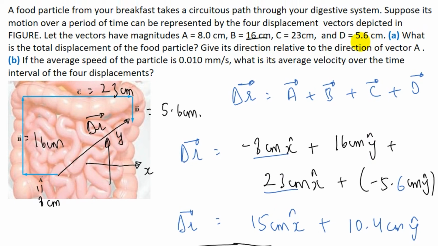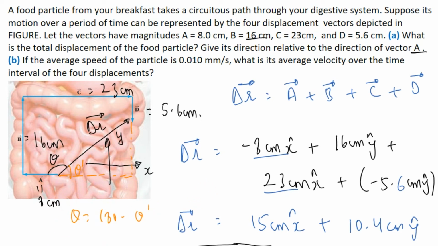And we also have to give its direction relative to vector A. So we have to find this angle theta. What we are going to do is calculate this angle, let it be theta dash, and subtract this theta dash from 180 degrees to find the angle theta, because theta is 180 degrees minus theta dash.